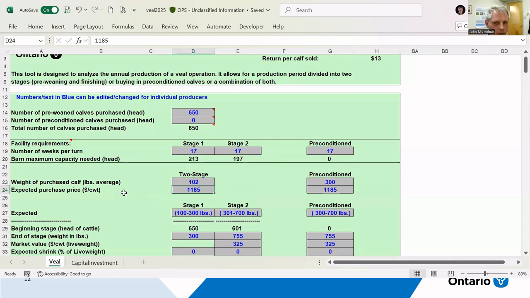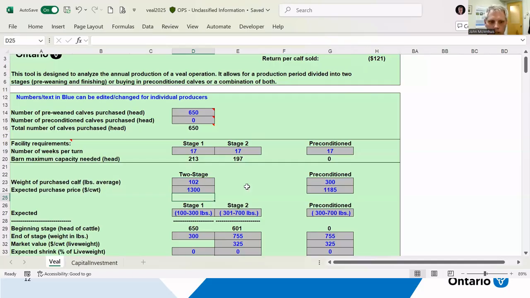What's the impact going to be on my return per calf? So if my calf price went up 10% to a little bit more, $1,300. If you look at that return per calf number up here of 13, how is that going to change that? So it goes down, 130, 140 dollars for a 10% change.